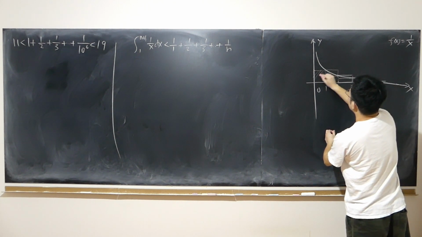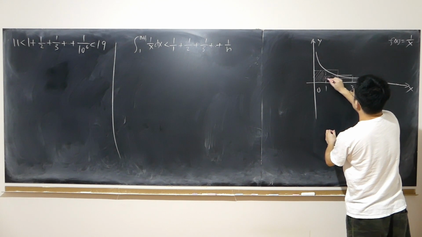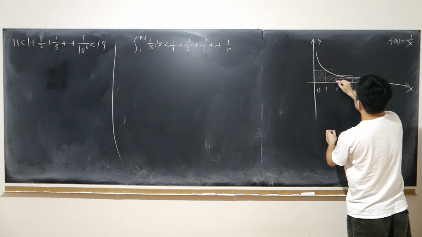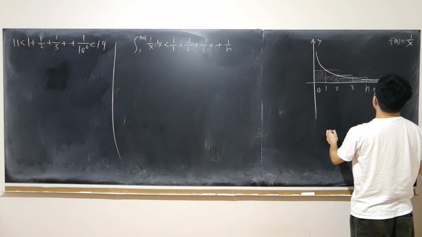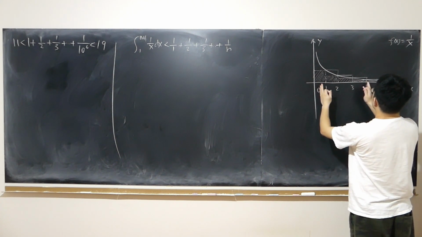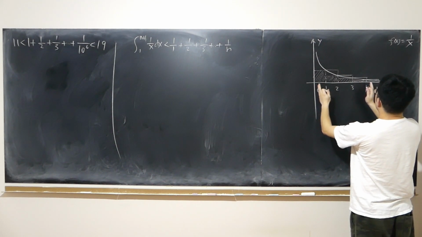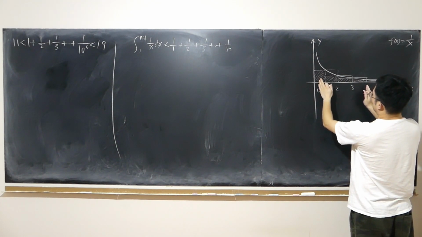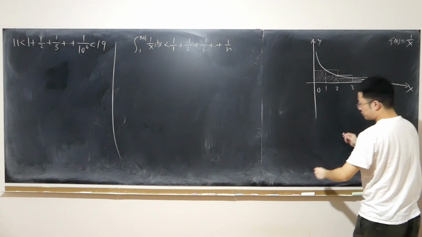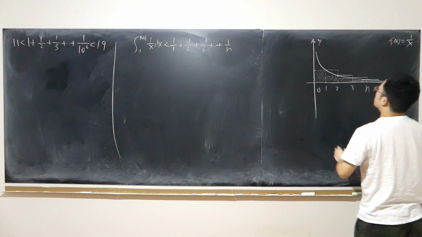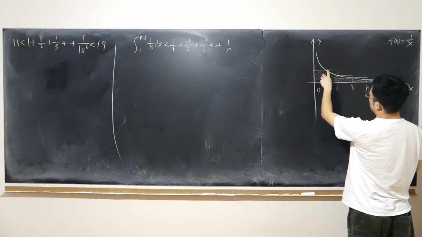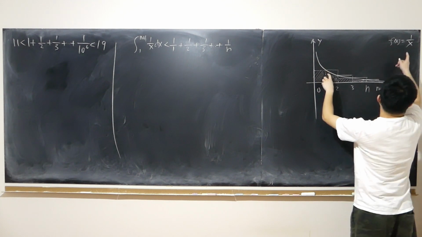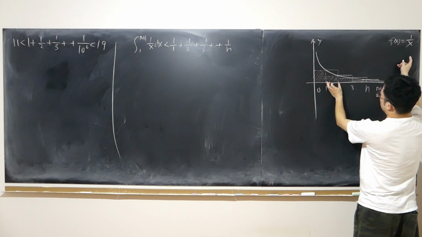I'm looking at the sum of the areas of these rectangles, up to this point. This rectangle, this rectangle, this rectangle, this rectangle. So for this rectangle, the width is 1, the height is still f of 1, which is 1.